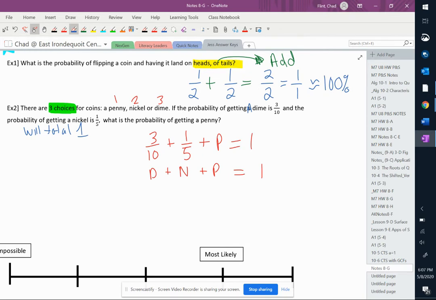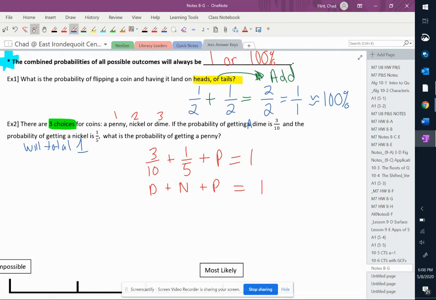So I'm going to turn this 1/5 into a denominator of 10 by multiplying the top and the bottom by 2. So 3/10 plus 2/10. And I know that this penny is going to have to be some sort of a tenth, something out of 10.